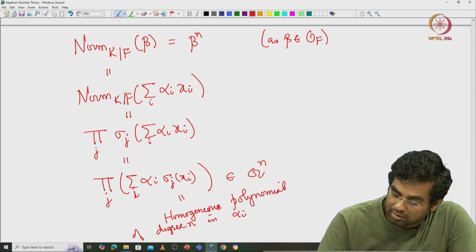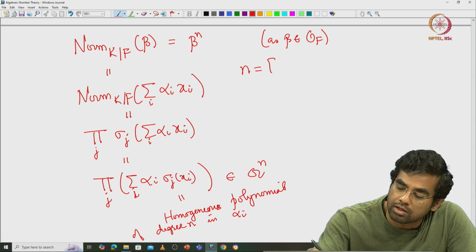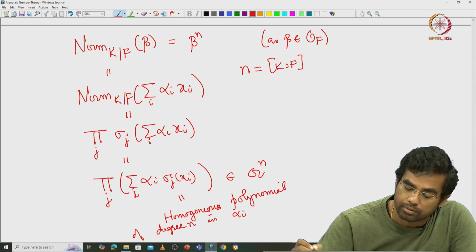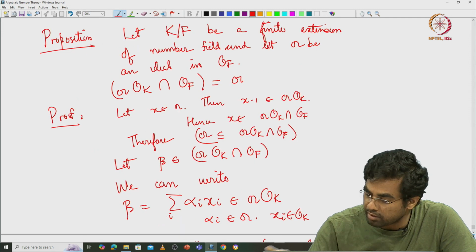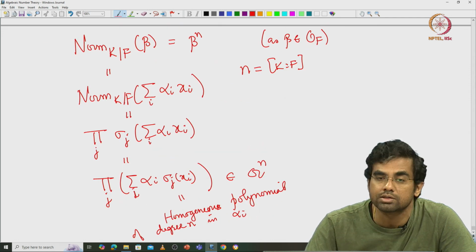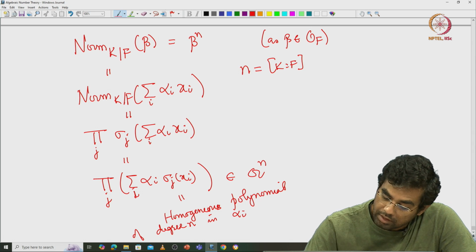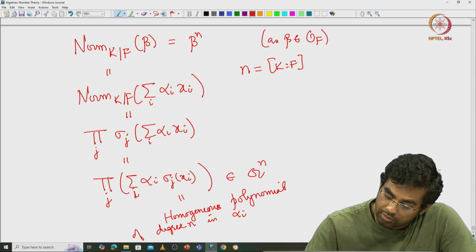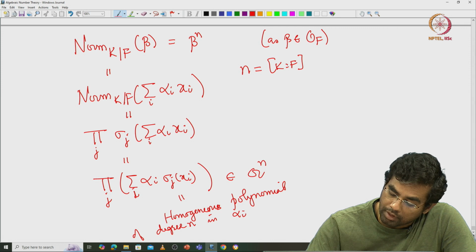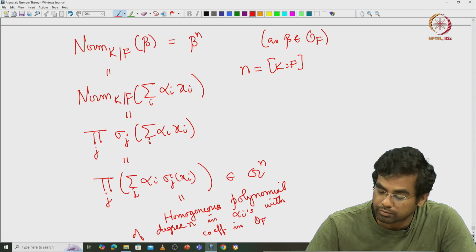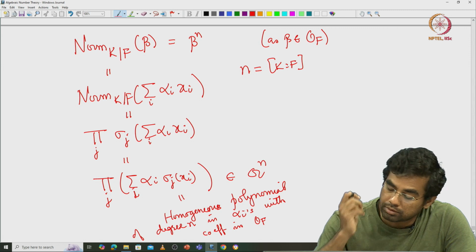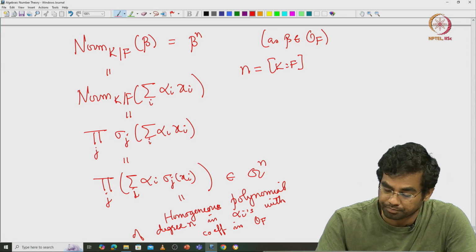What is n here? Sorry, I should have said here n is the degree of K over F. I have not said what i varies over; i just varies over some finite indexing set. So, this is a homogeneous polynomial of degree n in alpha i's with coefficients in OF, and therefore, this is in A to the n.